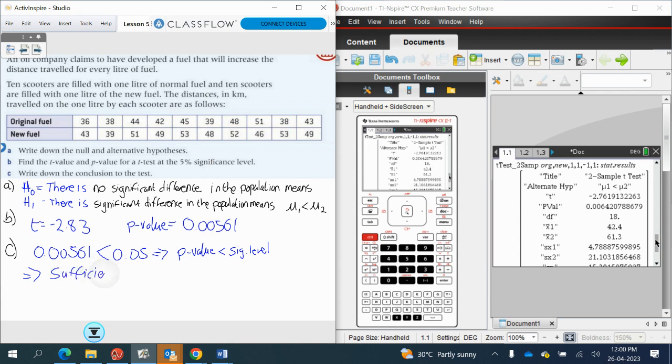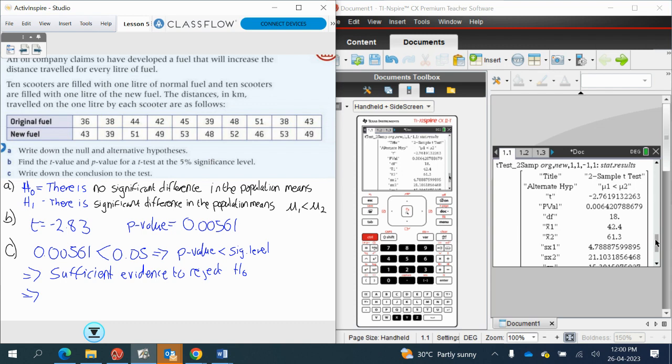Sufficient evidence to reject the null hypothesis. What does that imply? That there is a significant difference in the population.